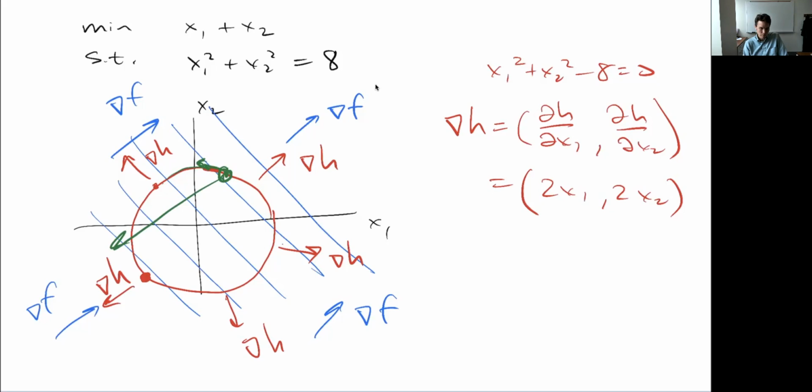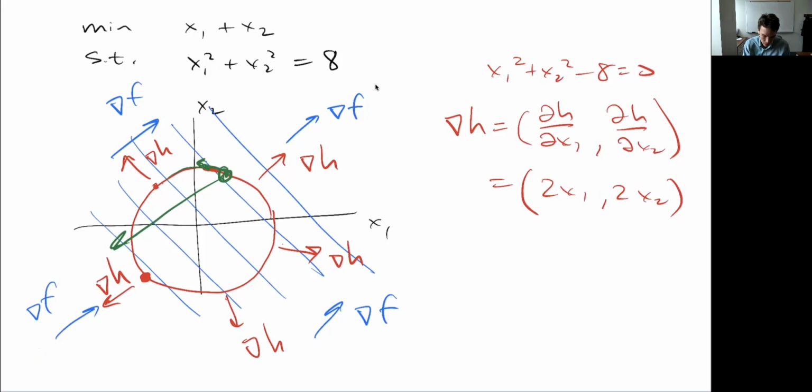Once it gets to the bottom, my gradient vector says, here's a descent direction this way. My descent directions are going down to the left, but that's parallel to the gradient of my constraint, which is pointing in directions that I can move perpendicular to. So now that these are parallel, there's nowhere for me to go. I can't descend any further.